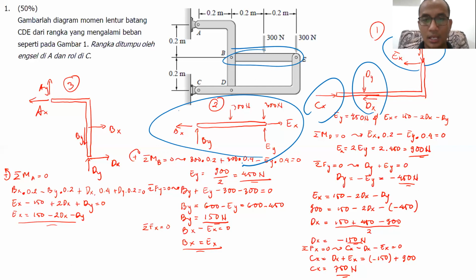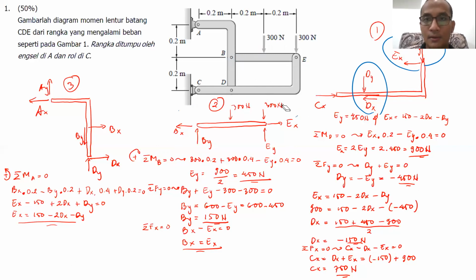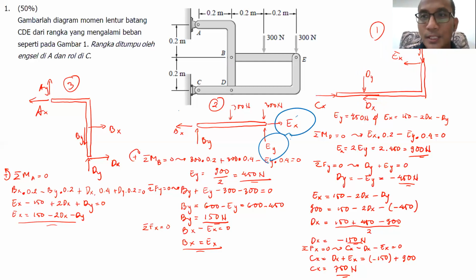If you see it there, only EX and EY are in the first free body diagram. So that's supposed to be my main concern. I will try my best to find the value of EX and EY from this.